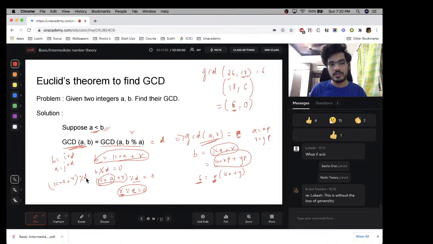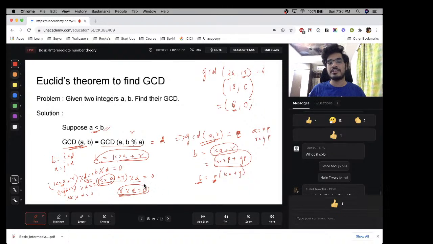So K into A plus R mod D should be equal to 0. This is because D is a divisor of B. Since D divides B, the remainder should be 0. Since D also divides A, this is K J D plus R mod D equals 0. K J D mod D is already 0, so we get R mod D equals 0.